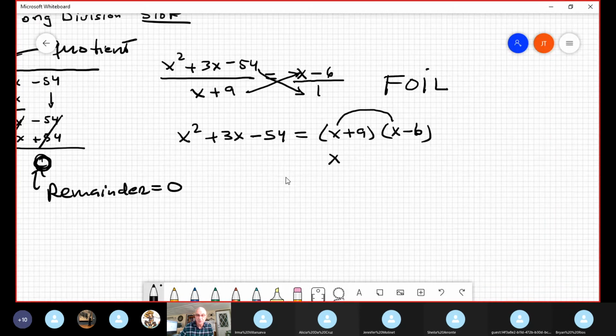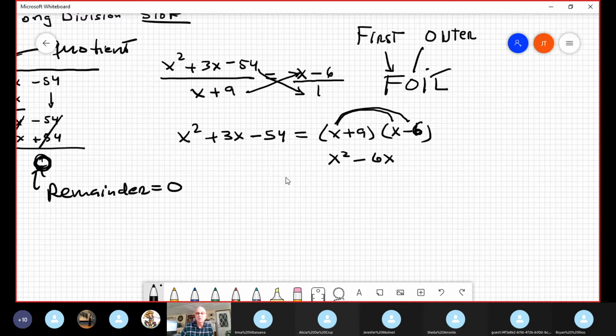So, x squared, FOIL first, this F is first. This is outer. Outer is this guy, minus 6x. X times minus 6. This is inner. And this is last.